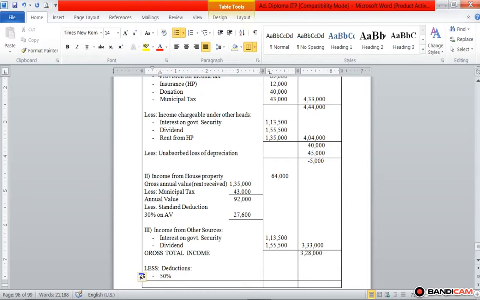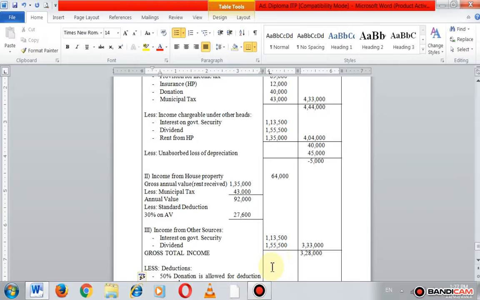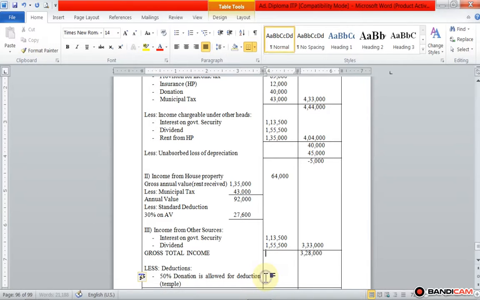Okay, so 50% donation is allowed for deduction because donation is given to temple. The amount of donation is rupees 40,000. So we compute 50% on 40,000, that is 20,000.